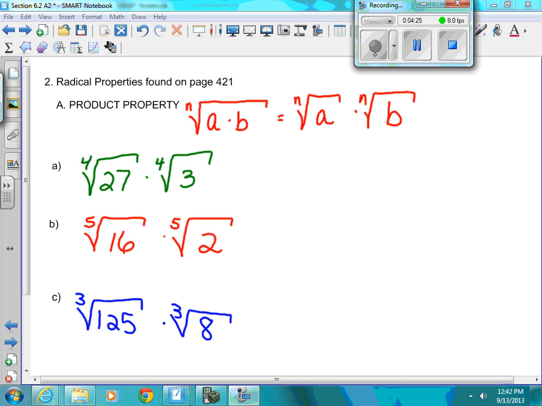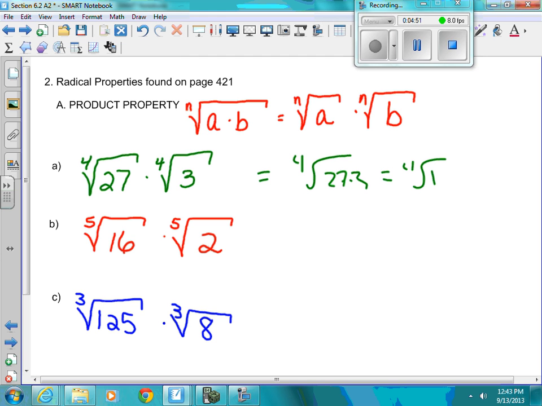Okay, product property. This really goes right along with what we were just doing, because radicals really can be rewritten as exponents. So it's the same idea. The 4th root of 27 times the 4th root of 3: because it's the same radical, we can do the 4th root of 27 times 3 under one radical sign, or the 4th root of 81, or 3.